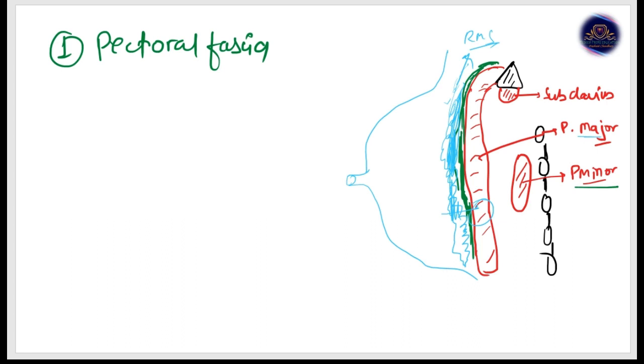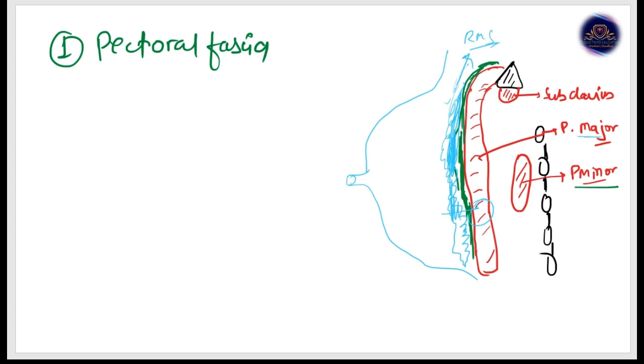Separate करता है, and basically it is a space that contains loose areolar tissue, and because of this the breast can move up and down and from side to side over the pectoralis major. Okay, the most important thing is that the retromammary space is the site of the breast implant.